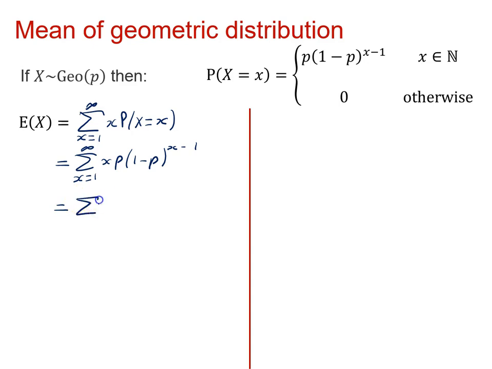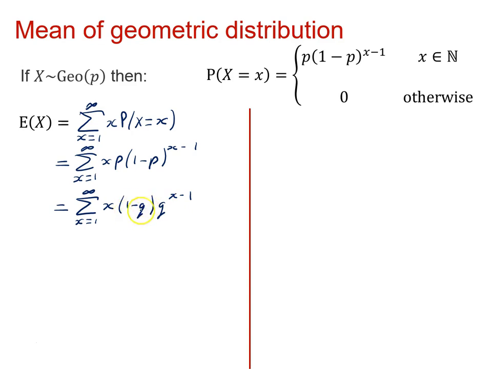If I then rewrite this in terms of q, that's the sum from x equals 1 up to infinity of x, p is equal to 1 minus q, 1 minus p is equal to q. So we now see that rather than having a large bracket to this big power, we've only got a single value to this power.